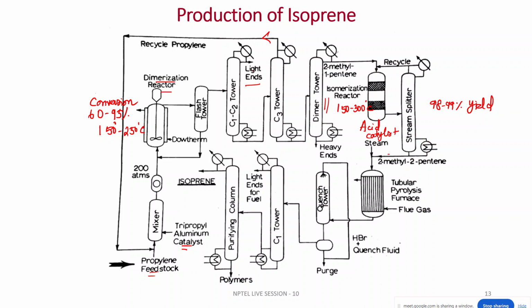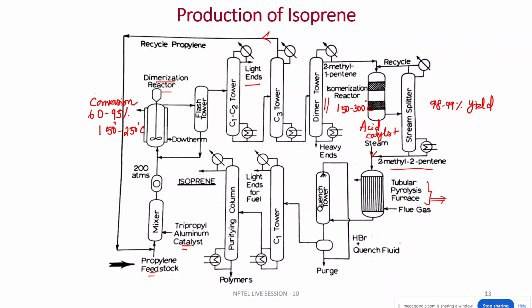From the stream splitter, the bottom product is taken, that is 2-methyl 2-pentene, which is an isomer, and it is then mixed with steam and fed to the tubular pyrolysis reactor, that is the last stage.